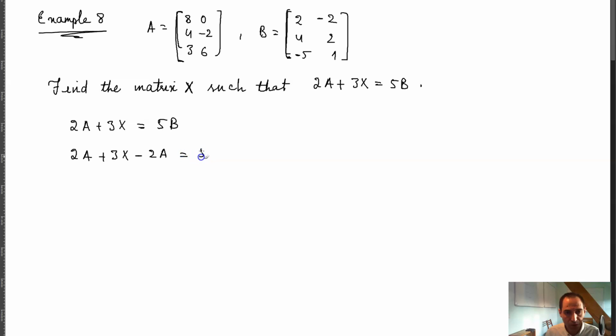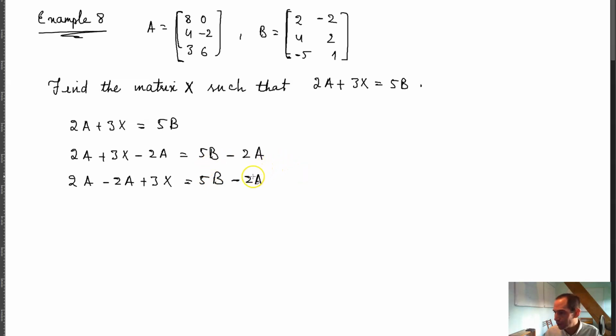Is equal to 5B, and subtract the same thing from here, right? This is the same thing as transposing. And then you can write this as 2A minus 2A plus 3X is equal to 5B minus 2A, right?